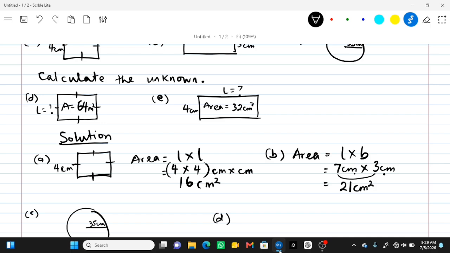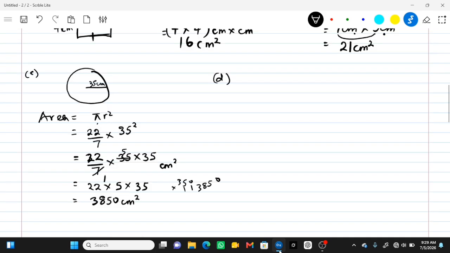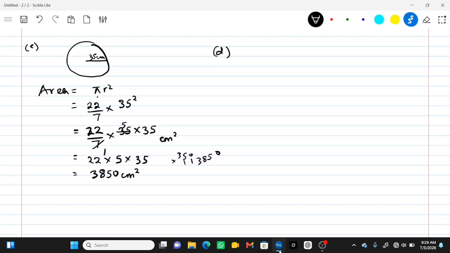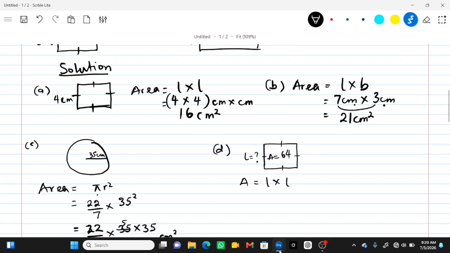Then we have this question asking to calculate the unknown. Area is 64. We don't know the length. The length is unknown, but we know that area is equal to length times length. 64 meters squared.